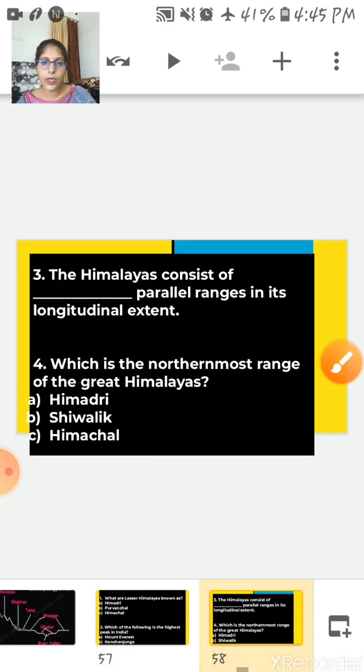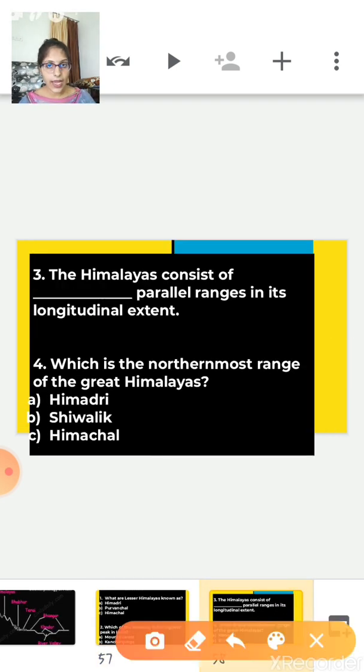Now the third question: the Himalayas consist of dash parallel ranges in their longitudinal extent. So if we talk about the longitudinal extent, the Himalayas consist of three parallel ranges: first is Himadri, second is Himachal, and the third one is Shivalik.